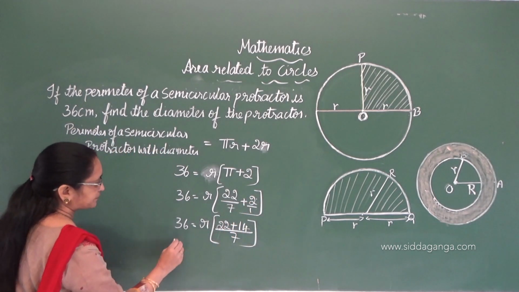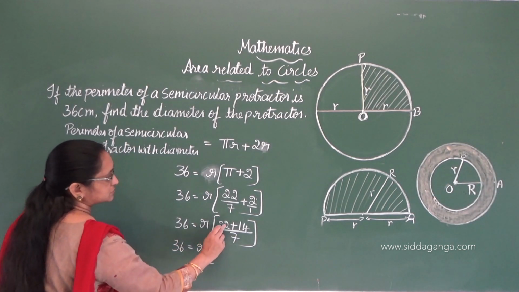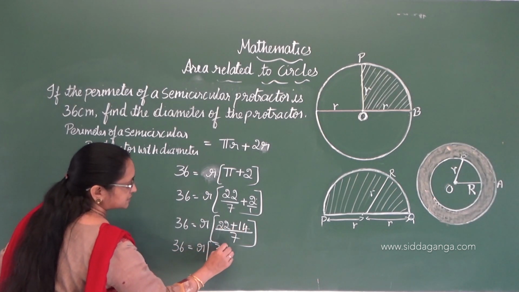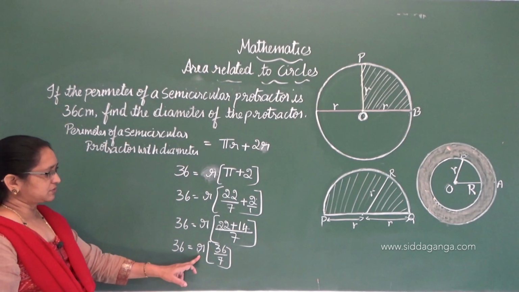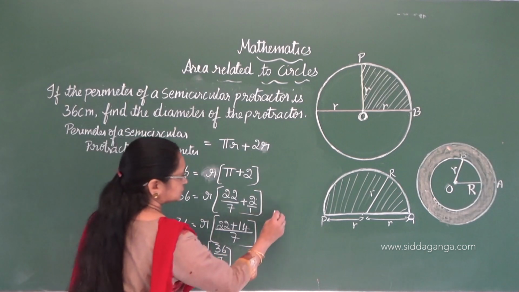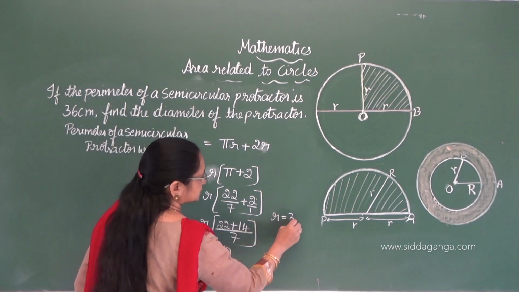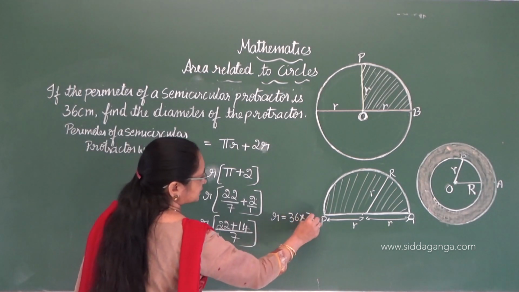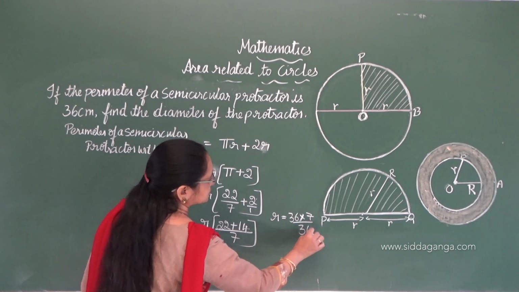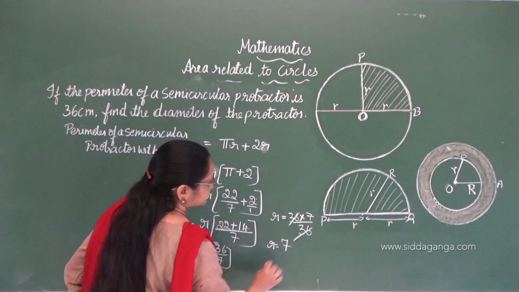When you add you will get 36 by 7. Therefore r is equal to 36, and when you transpose this it becomes 7 by 36. So r, the radius, is 7.